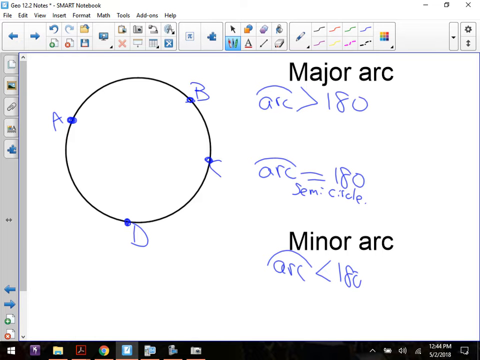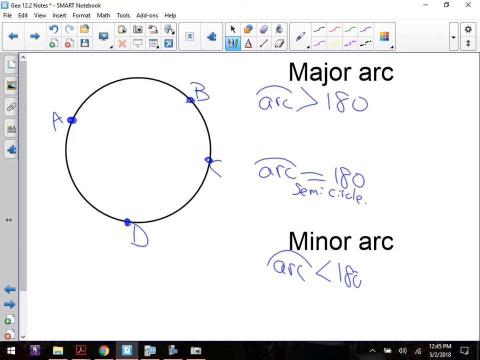When you're dealing with a major arc, how many letters do they usually use to represent it? Three. Reason being, if I say arc AB, I don't know what direction to go.